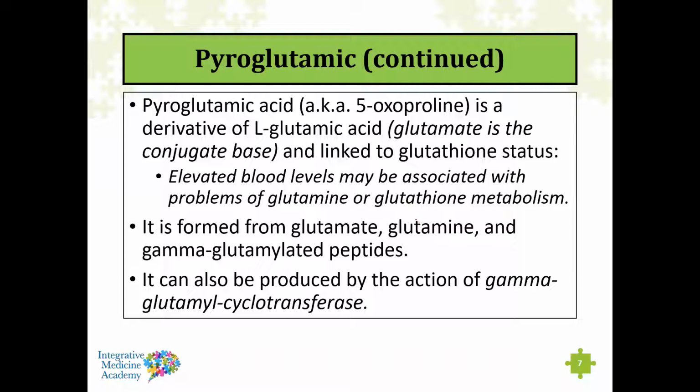Sometimes in some of the charts, they'll show either glutamate or glutamine as the amino acid that combines with cysteine and then combines with glycine to form glutathione. So I'll show you a couple examples of that. Pyroglutamic can also get produced by an enzyme called gamma-glutamyl cyclotransferase.